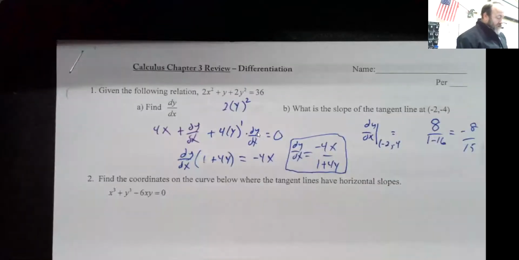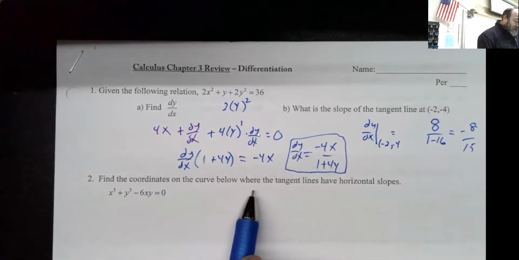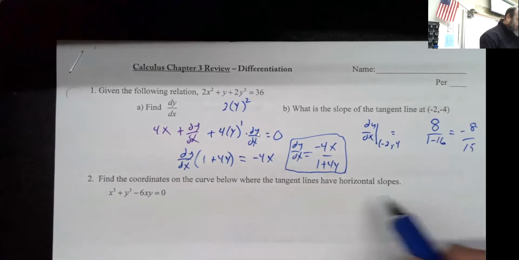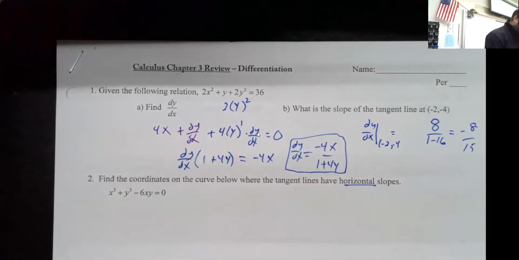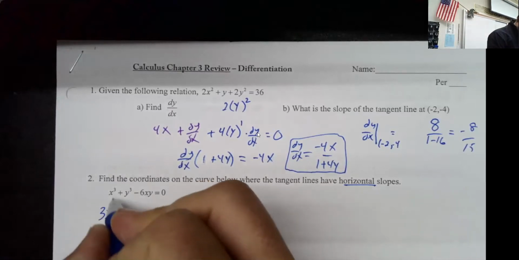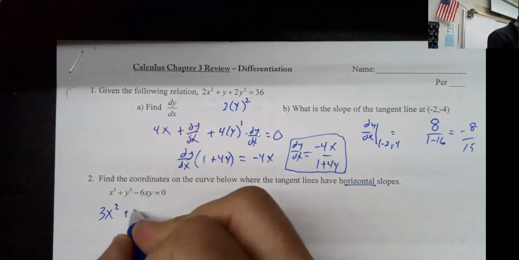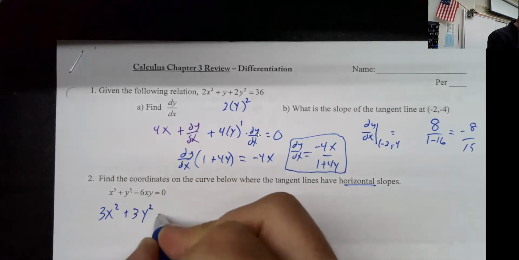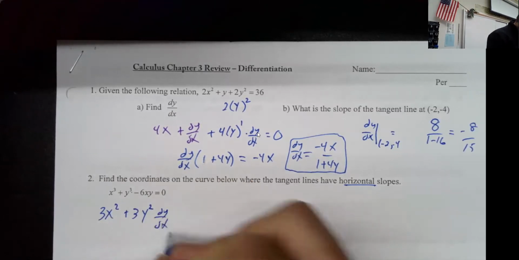So the second question is, find the coordinates on the curve where the tangent lines have horizontal slopes, which is kind of what I was just discussing a moment ago. So we would start with our first piece, 3x squared. Of course, this one is the 3y squared with the dy dx attached to it.